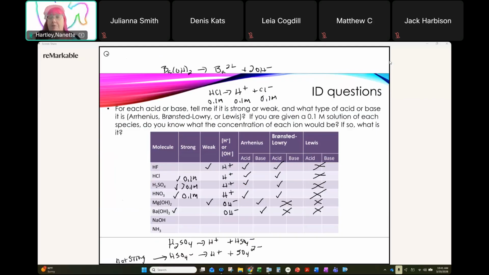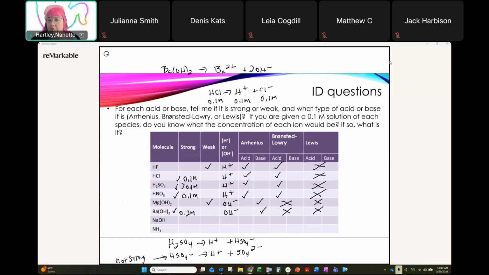Because I get 2 OH minus out of it, the concentration here will be 0.2 molar, based on the stoichiometry for that particular compound. Those are things we have to watch out for because those can be problematic in terms of balancing equations.